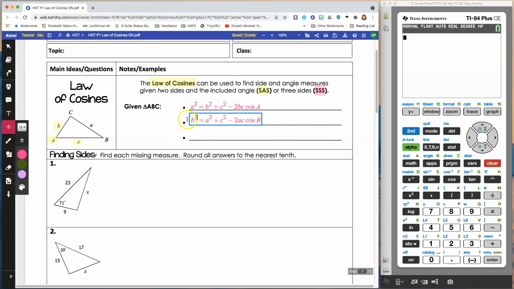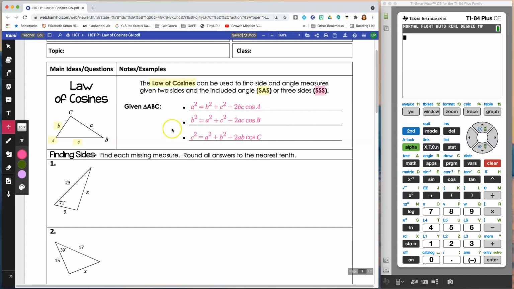So I've got the A squared one, I've got the B squared one. Well, what about the C squared one? I have this formula also, and it says that C squared is equal to A squared plus B squared minus 2AB times the cosine of angle C. So all 3 of them are really the same formula. If you remember one of these 3 formulas, you've got the rest of it down.